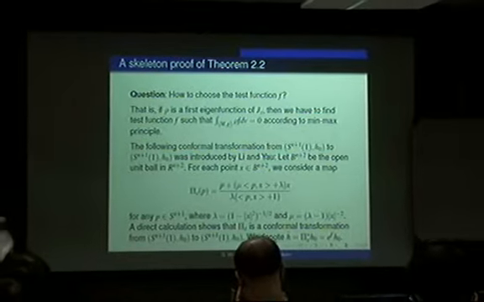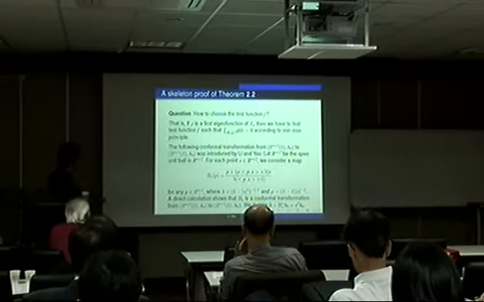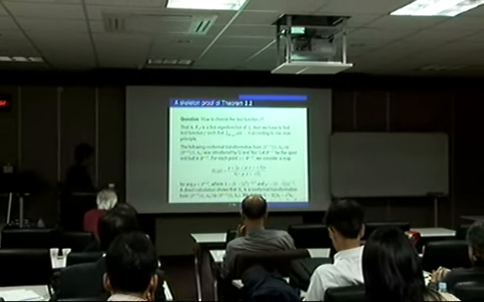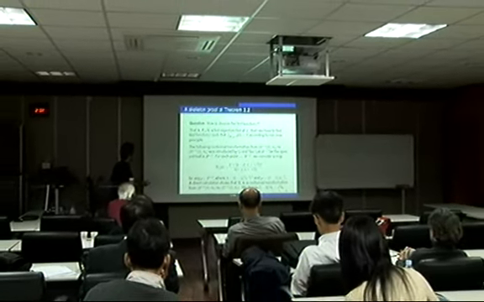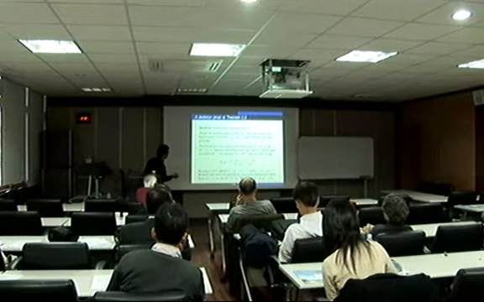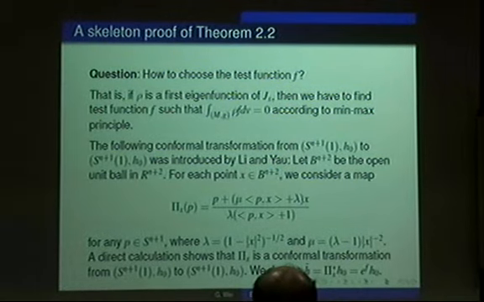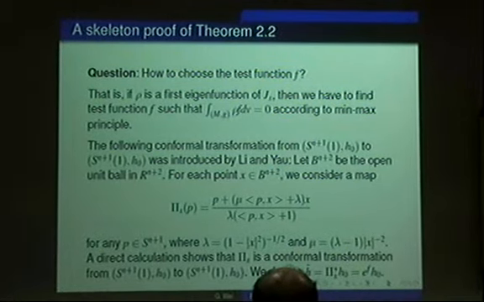The method is the following. At first, we introduce the conformal transformation from a sphere to a sphere. This conformal transformation was introduced by Peter Li and S.-T. Yau. For the open unit ball in Euclidean space, for each point x, we can consider this map.